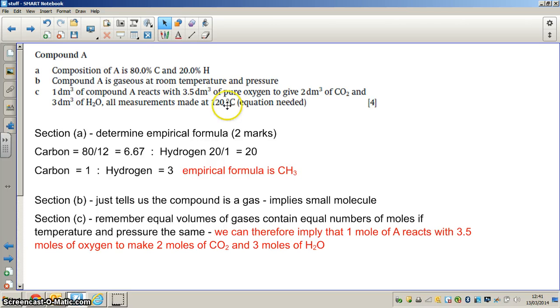So what we can assume from this question is that 1 decimetre cubed of compound A, well, let's call this 1 mole of compound A, reacts with 3.5 decimetres cubed, or 3.5 moles of oxygen, to give 2 decimetres cubed, or 2 moles of carbon dioxide, and 3 decimetres cubed of water, or 3 moles of water. So let's put that into an equation.